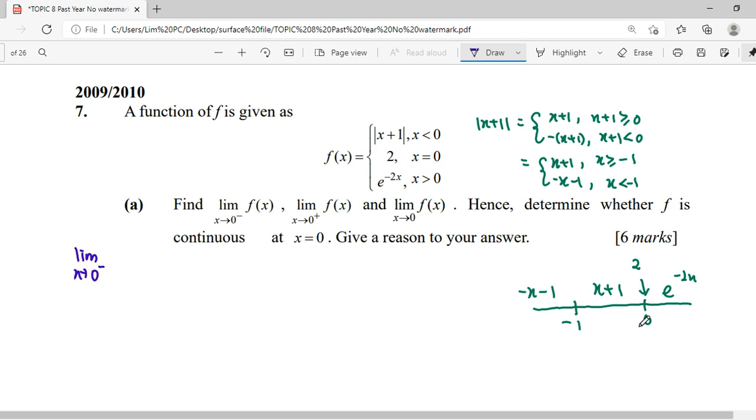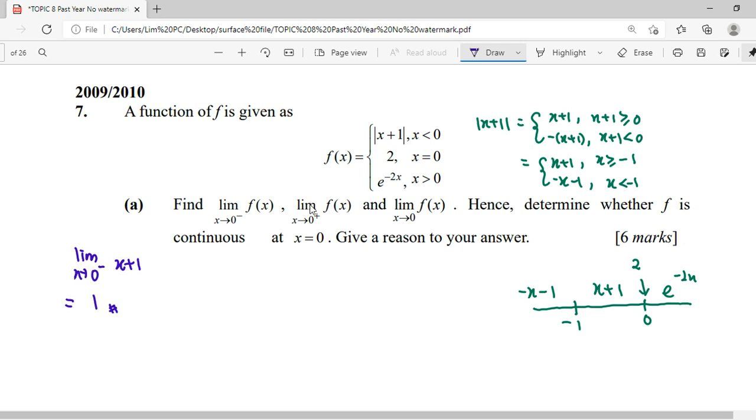When we come closer from the left hand side, the function involved will be x plus 1. So we select the function x plus 1 and try to solve this limit. We substitute x equals 0 and we get 1.